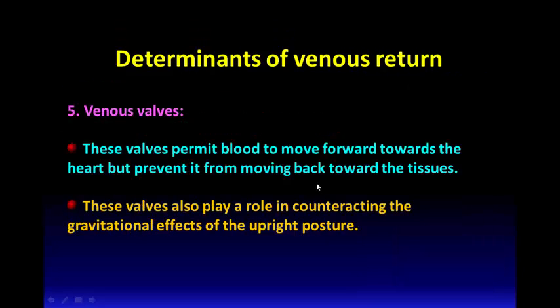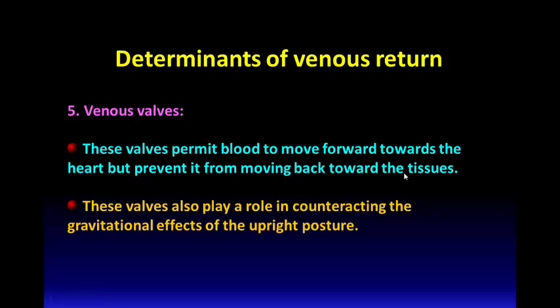The fifth factor which affects the venous return is the competency of the venous valves. The valves which we have in the veins permit blood to move forward towards the heart, but prevent blood from moving back towards the tissues.